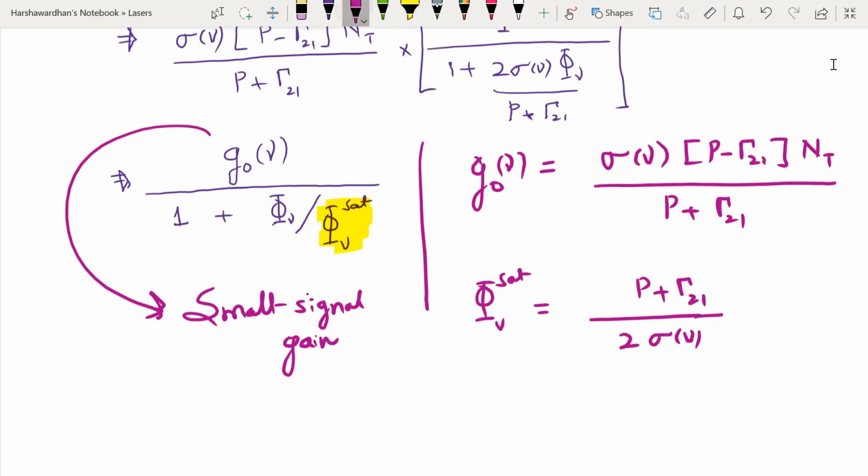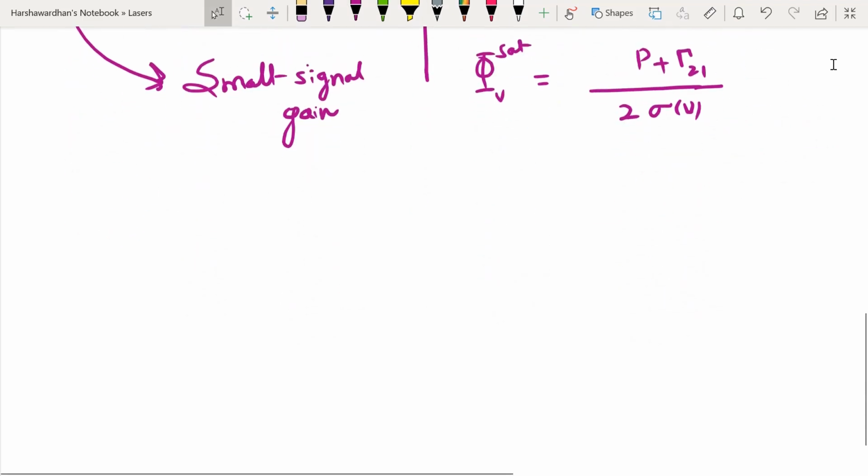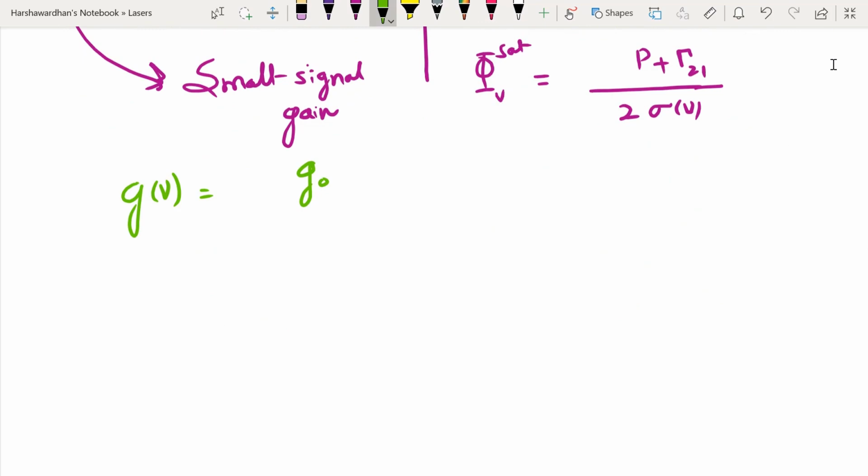And this form of the gain, I would like you to remember, is a very general, generic form for the gain, which basically tells you that the largest gain is the small signal gain divided by 1 plus the intensity of the lasing photons divided by the saturation intensity.